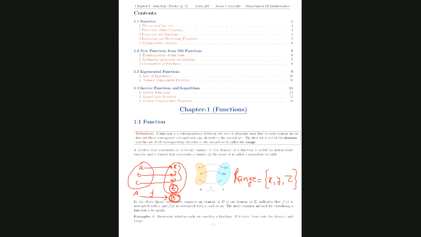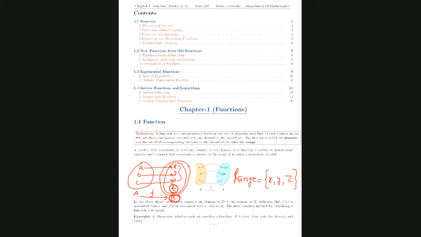Okay, if you say codomain, it means the whole set. Codomain means all elements X, Y, Z, and T. This is in the codomain. No, not range, not A, B, C. Range is in the output set. Range means the output set. Connecting elements in the output set are called range.